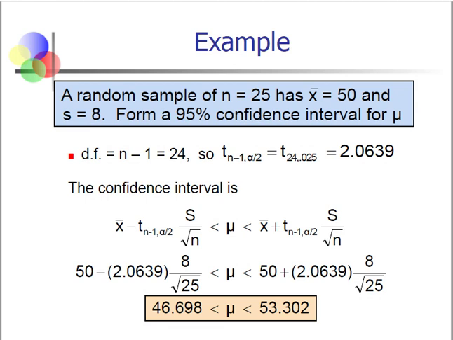Remember, in this case we are constructing a confidence interval for the mean, but the population standard deviation is unknown, and the sample size is less than 30.